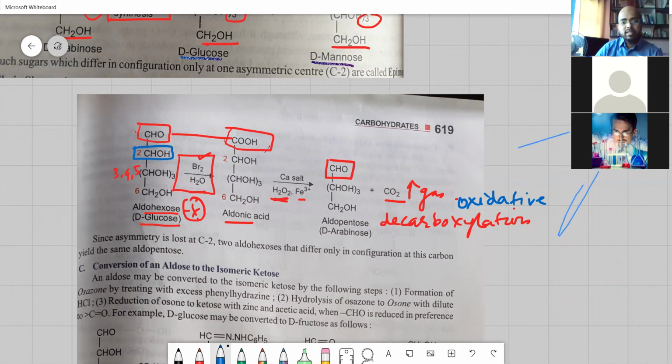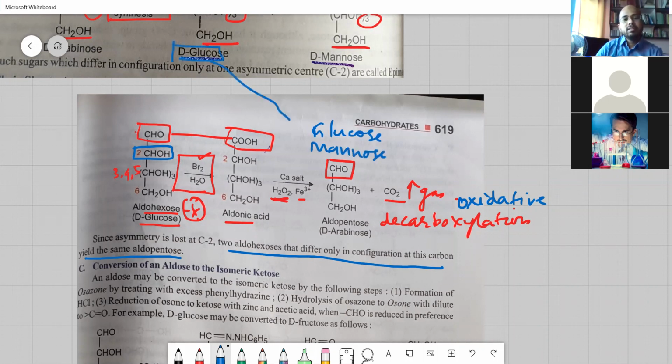Two aldoses that differ only in configuration at this carbon atom yield the same aldopentose. அப்படின்னா என்ன அர்த்தம்? ஒரு குளுக்கோஸ், ஒரு மேனோஸ். இங்க பார்த்தோம் இல்லையா, இந்த குளுக்கோஸ் இந்த மேனோஸ் ரெண்டு எடுத்து போட்டீங்கன்னா கூட உங்களுக்கு என்ன கிடைக்கும்? ஆல்டோ பென்டோஸ் தான் வரும். ஏன்?